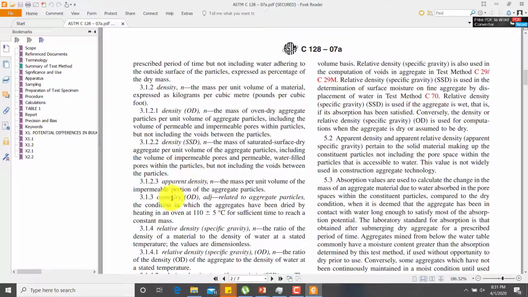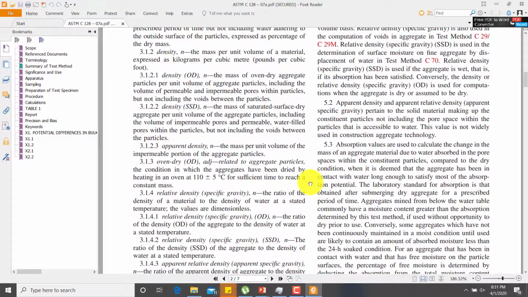Oven dry is basically a bone dry condition in which the material is dried at 110 degrees Celsius plus or minus 5 for 24 hours to get a constant weight. For example, you have a specimen you are heating in an oven. The weight difference between intervals must not exceed 1%, which means the weight loss is almost constant.